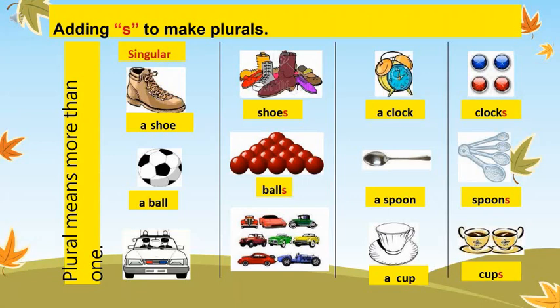A ball and many balls. A car and many cars. A clock, and by adding s it becomes clocks. A spoon and many spoons. A cup and many cups, or plural cups.